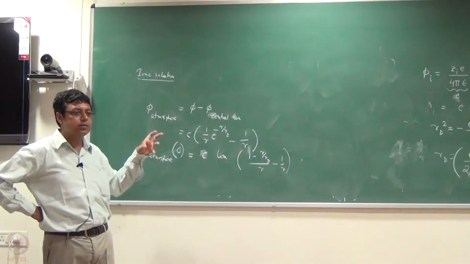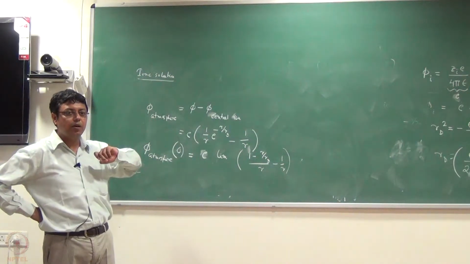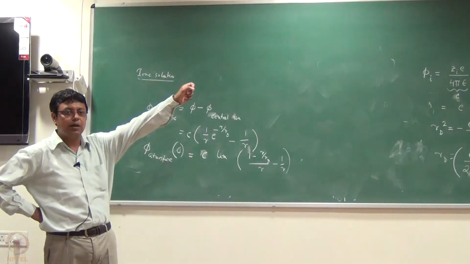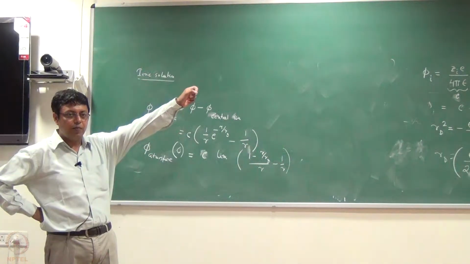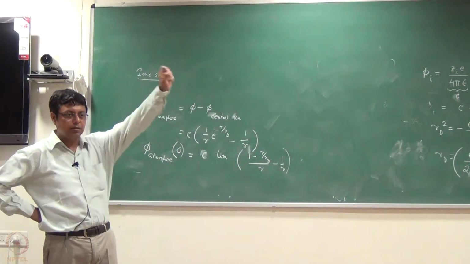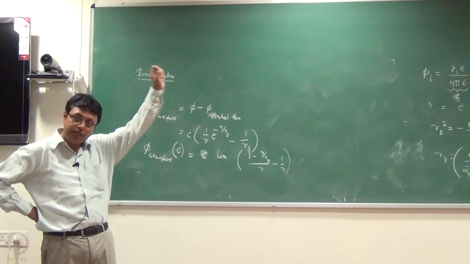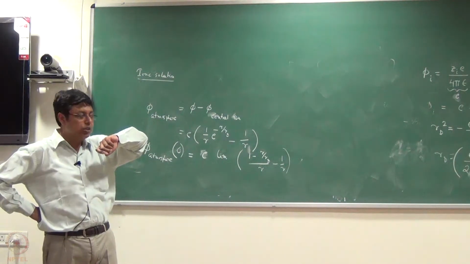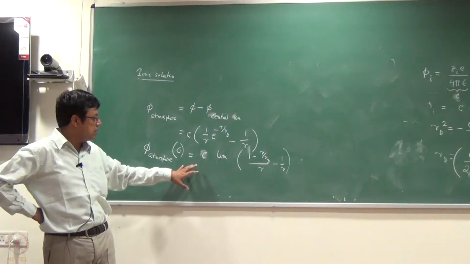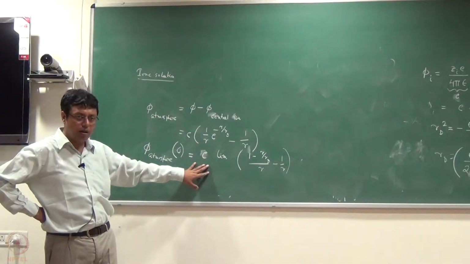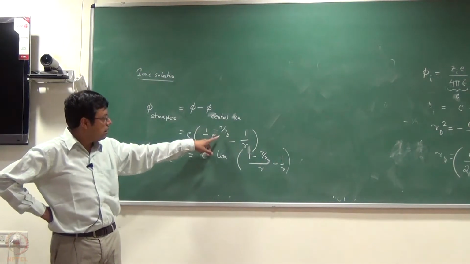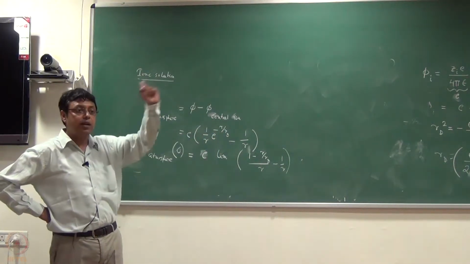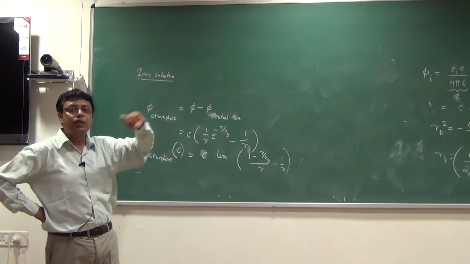Now remember the definition of electrical work done: you bring a unit positive charge from infinite distance to this distance. Which means that when this divider, r_D, is very large, then only this will be valid.